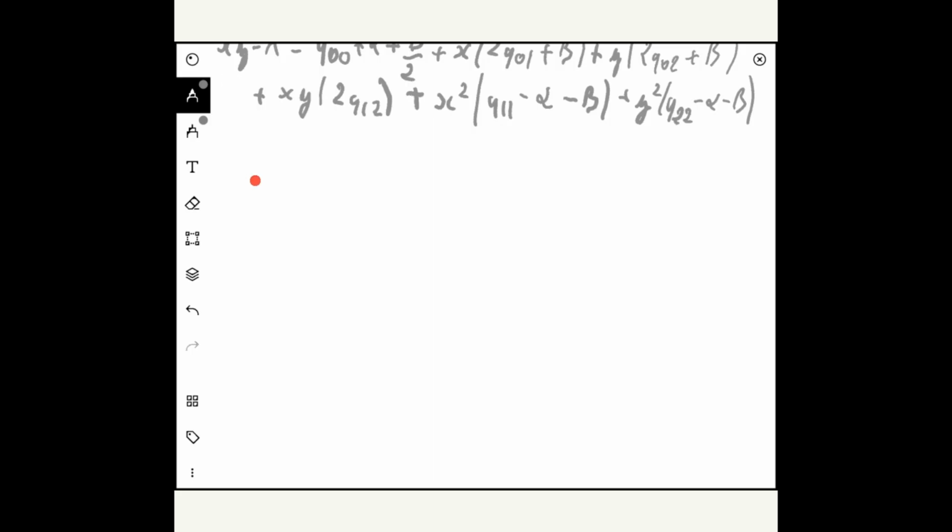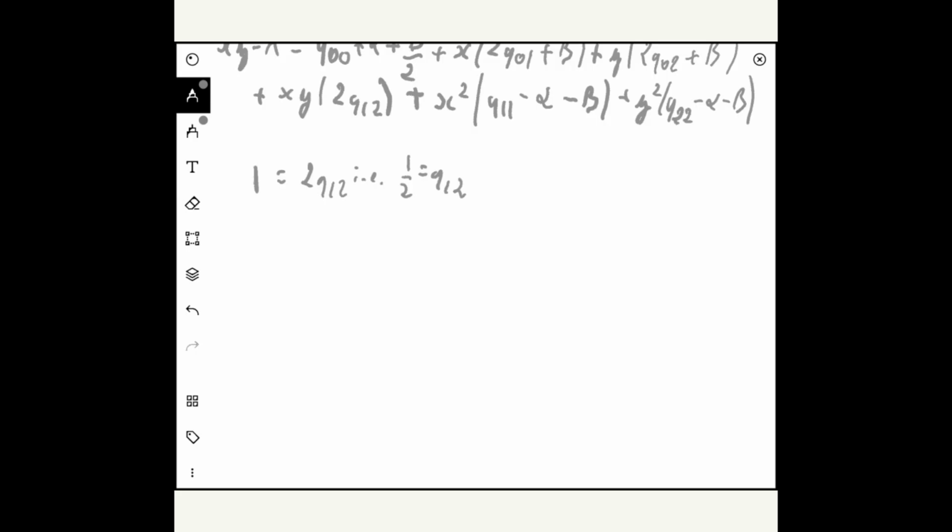So we have xy equal to xy times 2q12, so we can simplify xy, and it gives 1/2 equal to q12.